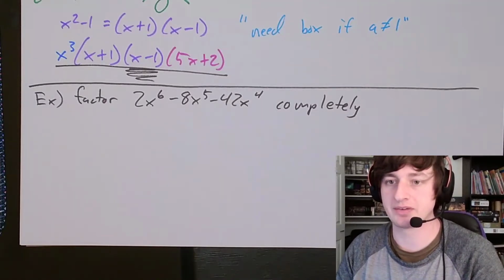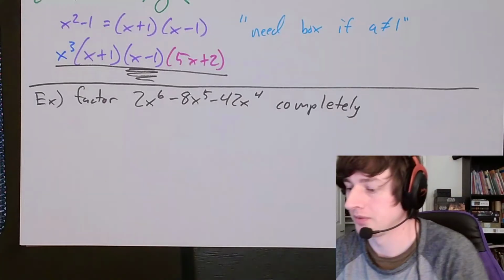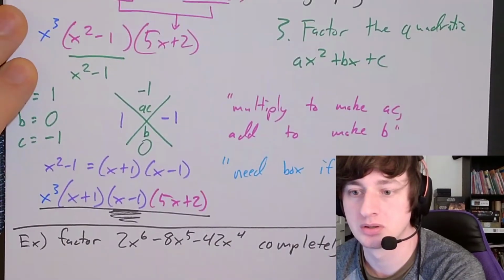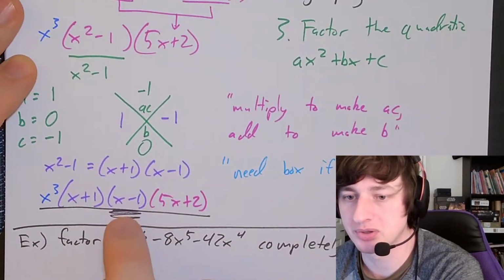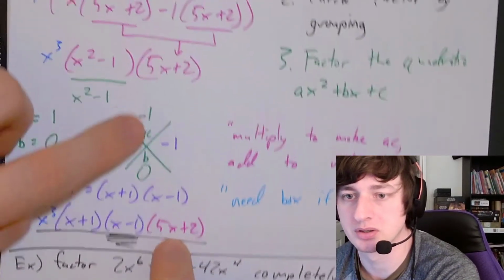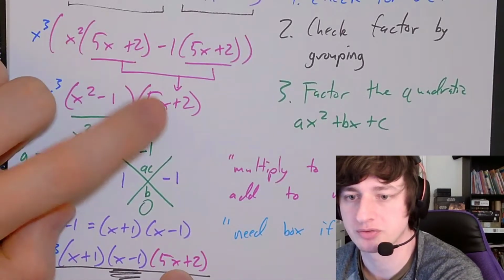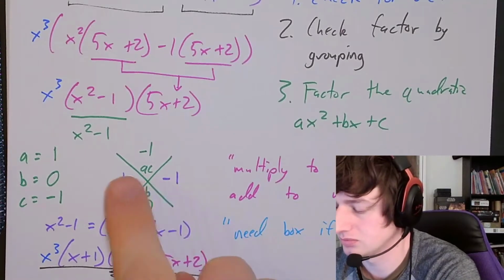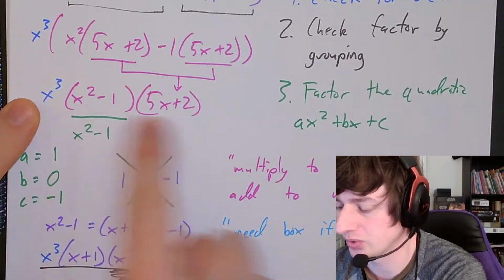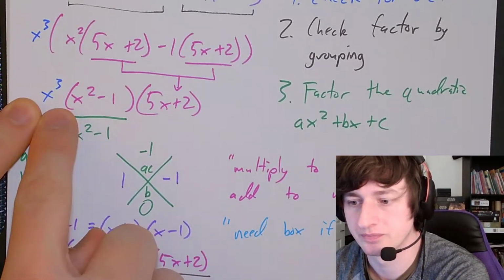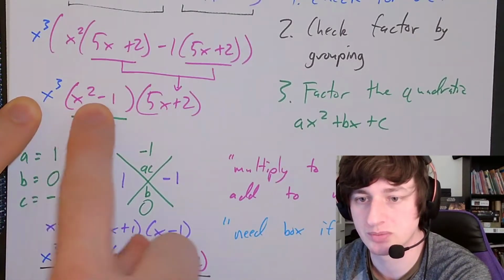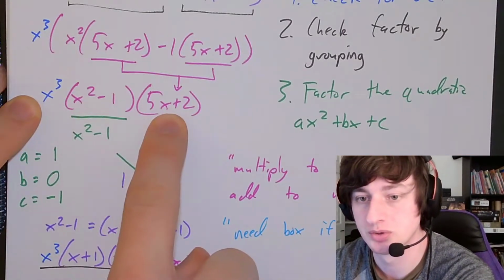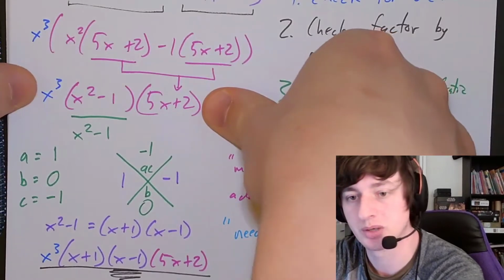Why did I put 5x plus 2? So that was from, you mean why did I put it here or why did I put it here? Like how did I get it in the first place or why did I include it in my answer? Because we were at this point, right, we had x cubed times x squared minus 1 and then the 5x plus 2. Like this is our factored problem so far.